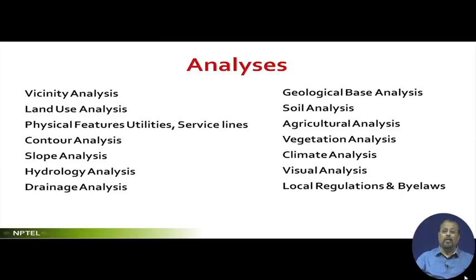The vicinity analysis, which I have already discussed in detail in my last lecture. Land use analysis, in which you are trying to find out what the existing land use is on that particular given site.